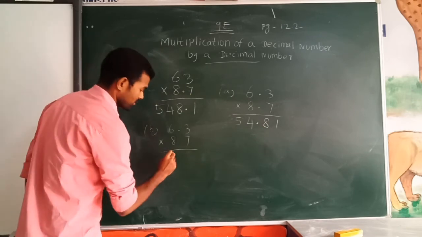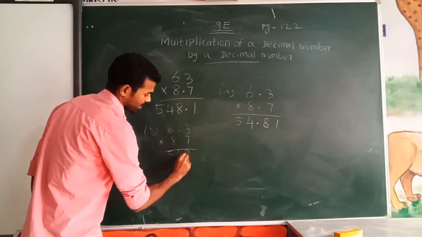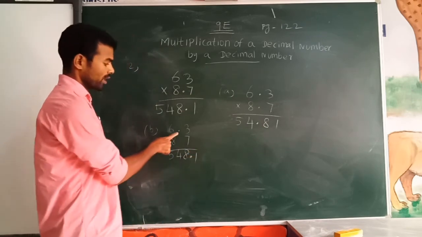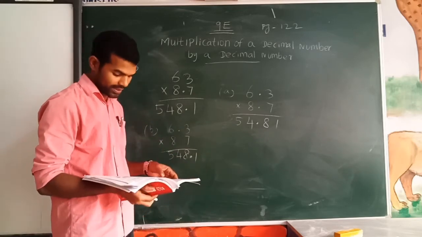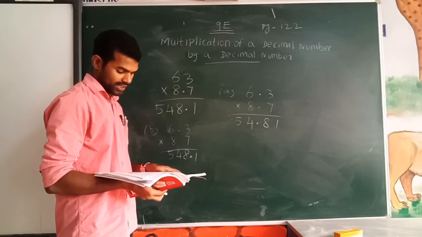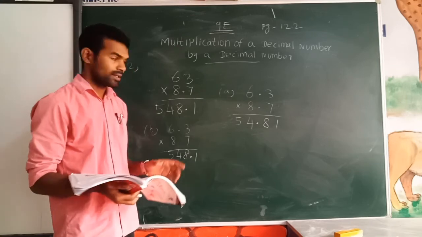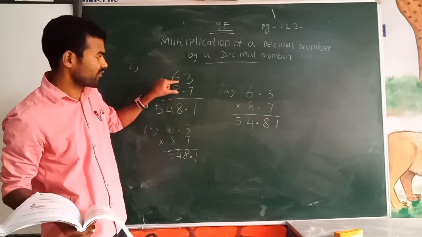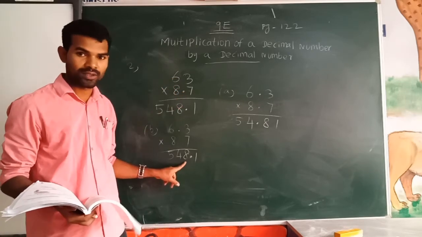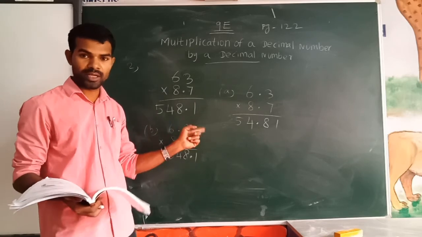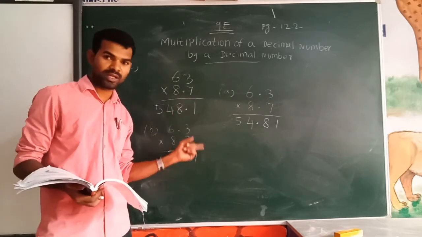Only one decimal place, no? 548.1. So here also the answer has one decimal place. Like that only. In the factors, however many decimal places there are, that many will come in the answer also. 1 means 1, 2 means 2, 3 decimal places means 3 decimal places.